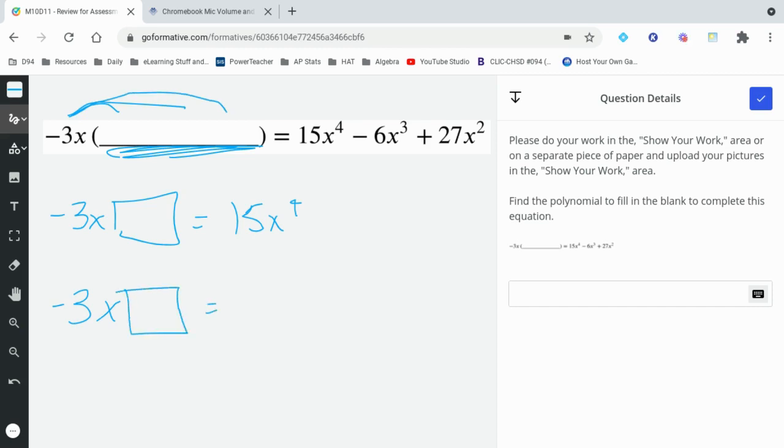Times something is going to get me a negative 6x cubed. I need another box here that when I do that, I'm going to get 27x squared. And you're going to type the whole polynomial over here in the box.